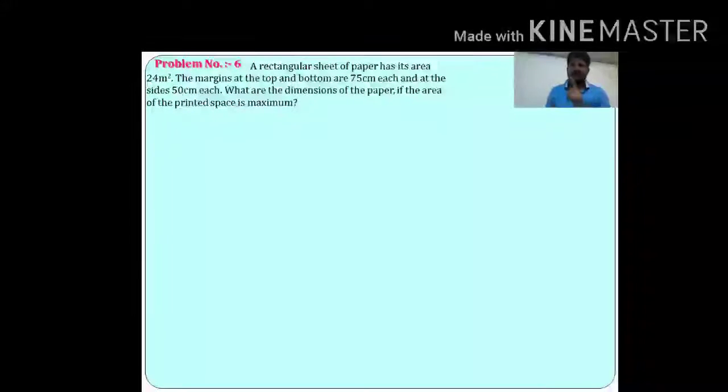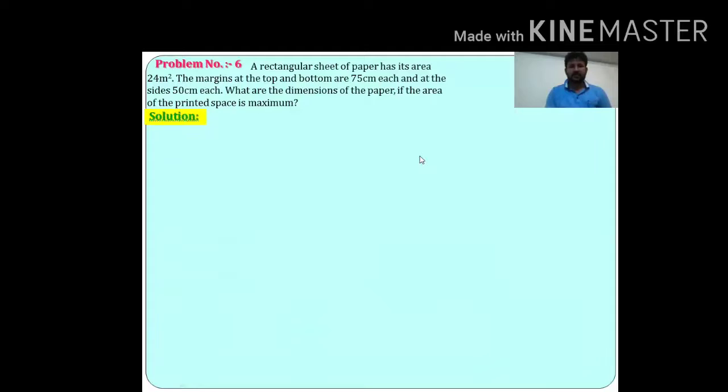The margins at the top and bottom are 75 centimeter each, and at the sides, left and right, the margins are 50 centimeter each. What are the dimensions of the paper if the area of the printed space, the middle part, is maximum?